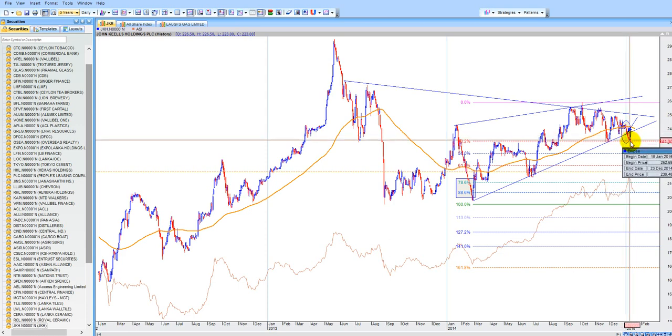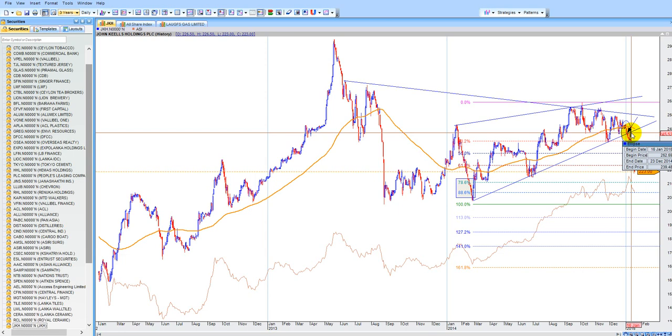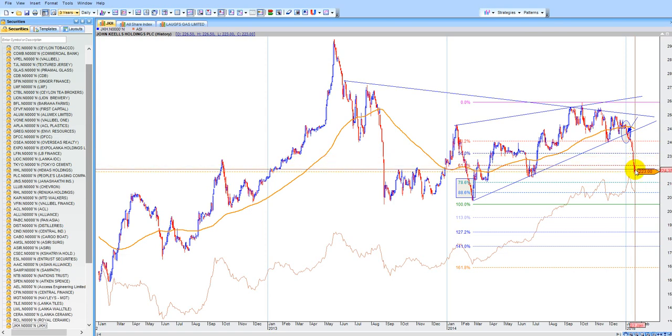Usually what happens, like here, after the breakout, is the initial retesting towards the breakout level, and then the fallout started, and now we stand around 223.